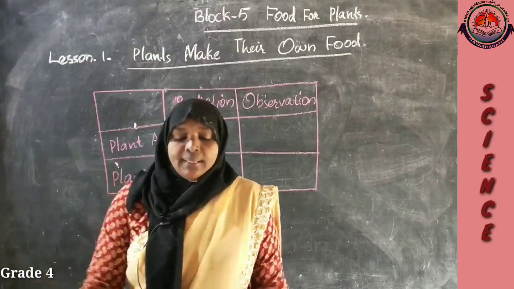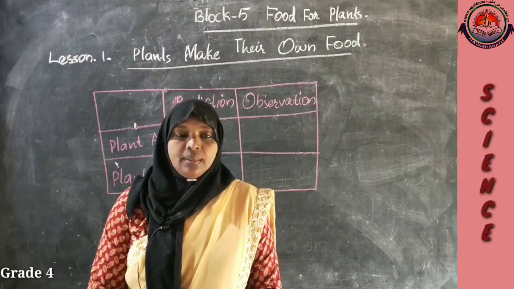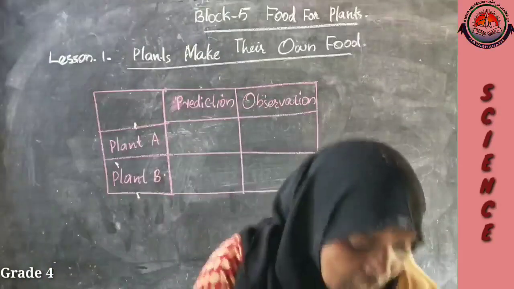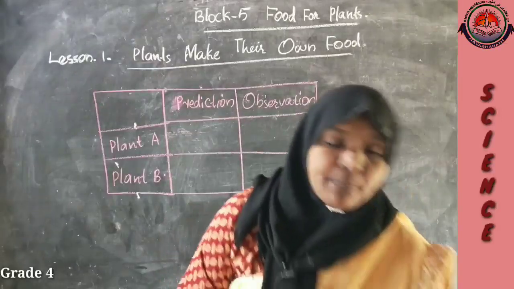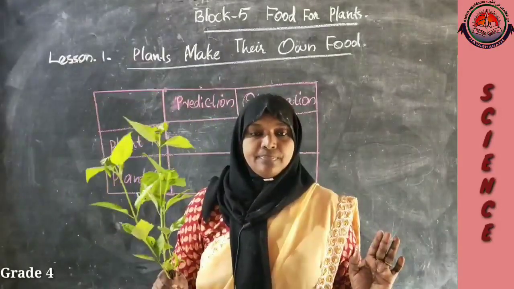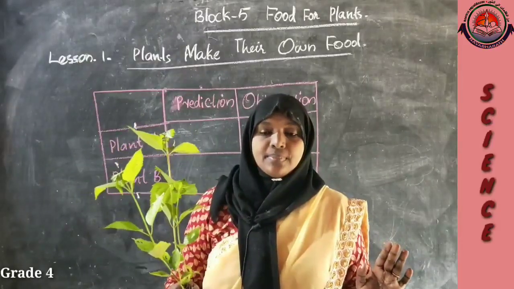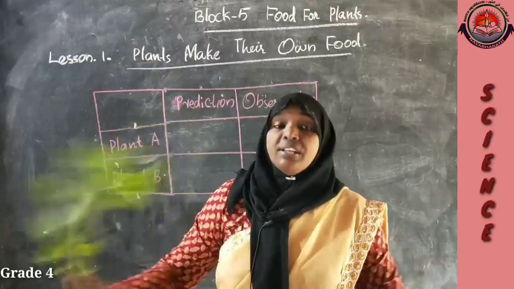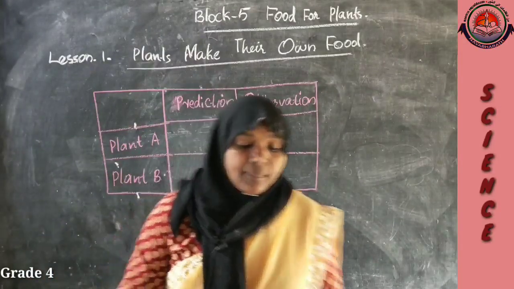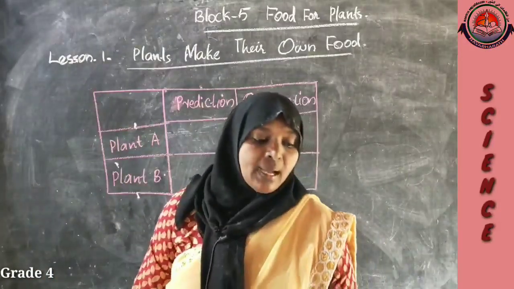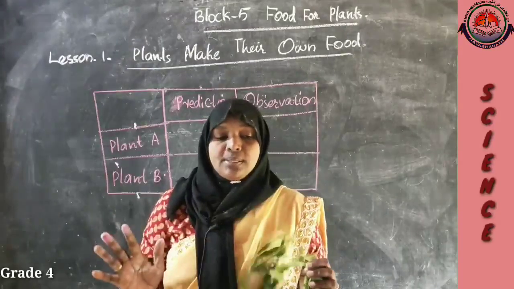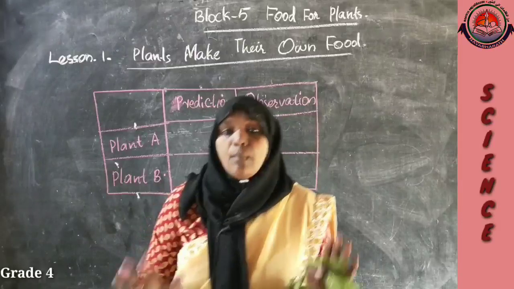So, we can do an activity. Some days ago, I uprooted this plant and I didn't give water properly. Then another plant like this, I kept in an airtight box.